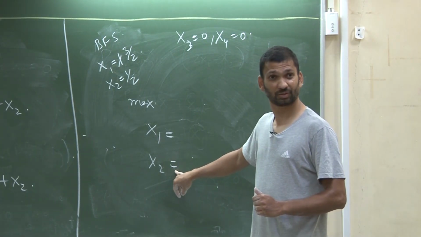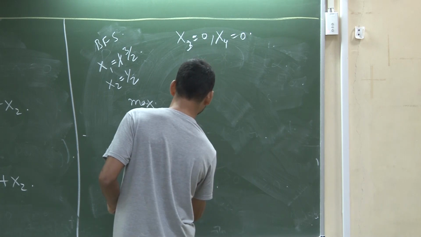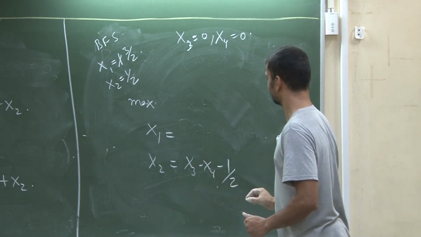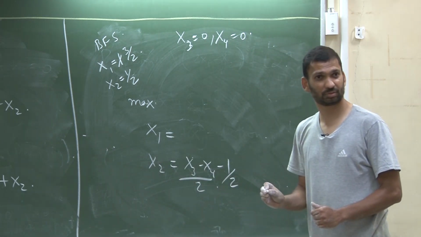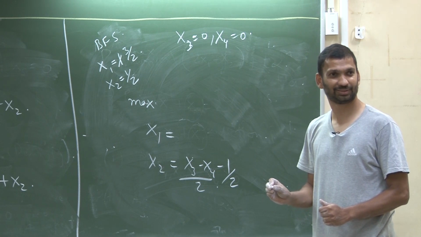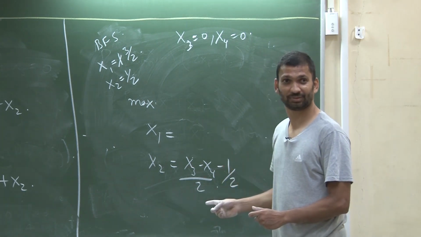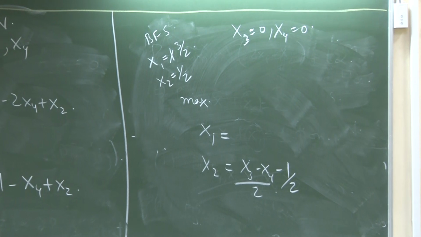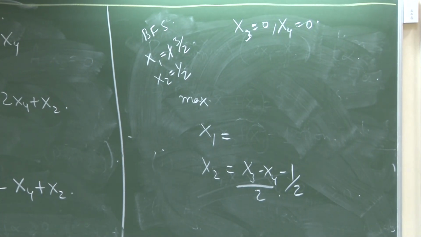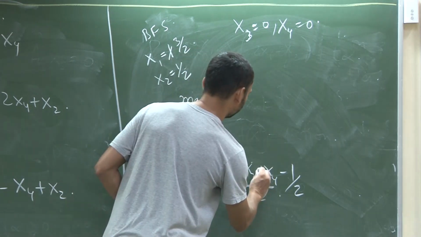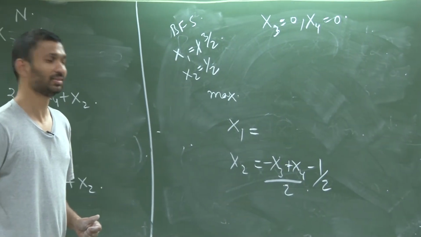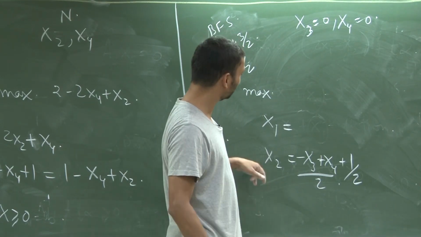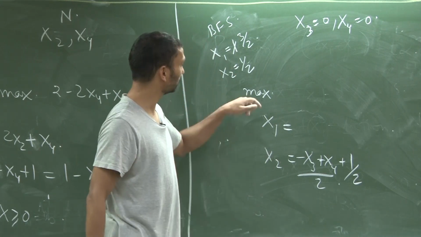Which one? x2 is minus 1 by 2. I have the correct thing written there. x4 minus x3 plus 1. So minus x2. Okay, now with this, you can tell me x1 and you can tell me the objective function.